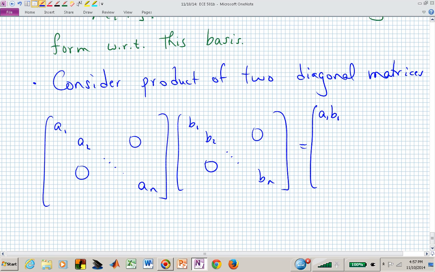If we do the same thing with B sub 2, B sub 2 is going to scale the second column, and the only non-zero term in the second column is A sub 2, and we just see that we end up with a diagonal matrix with the diagonal entries being the product of those elements on the two diagonals of the original matrices.